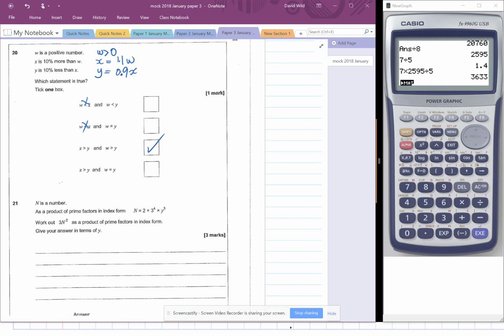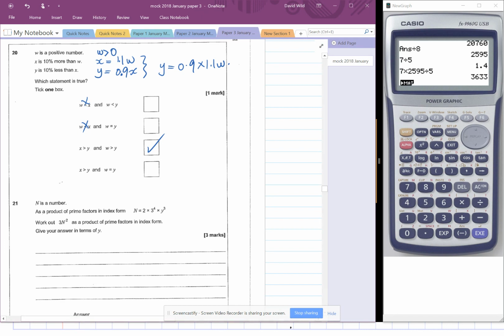Another way of doing this would be to solve these two simultaneously. So what we could do is substitute this X into here, so we get Y is 0.9 lots of X, which is 1.1 W. Then it might make it a bit easier to understand.